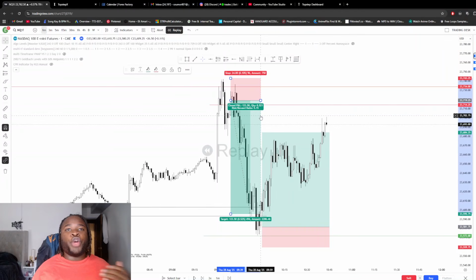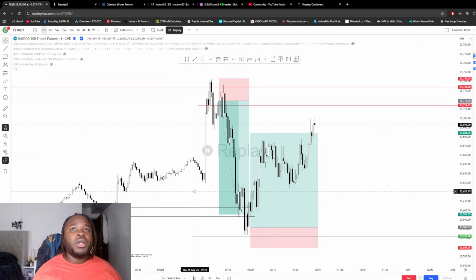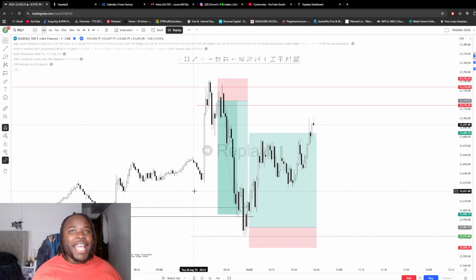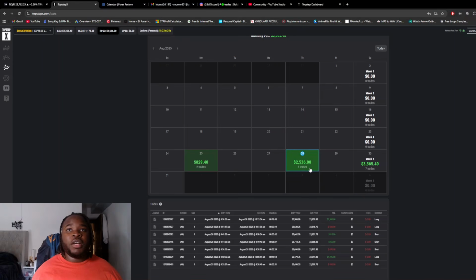It's incredibly efficient, insanely accurate, and we cashed, as you can see, $4,000. This was on my funded, and then I have another account where I cashed another $1,500 on this.